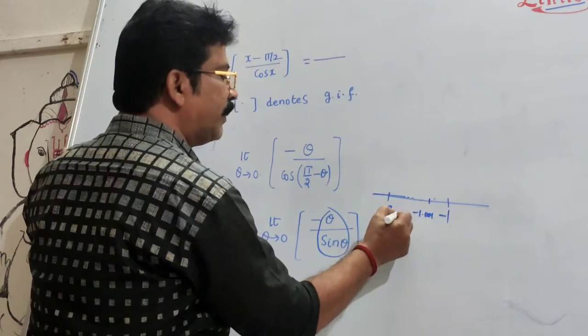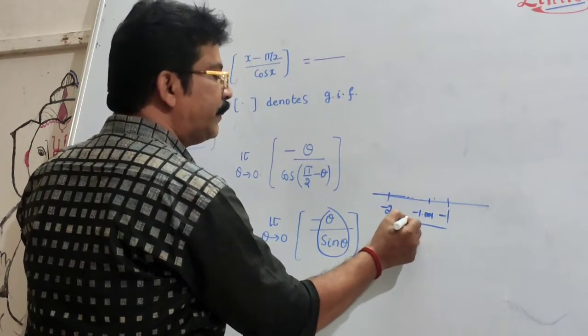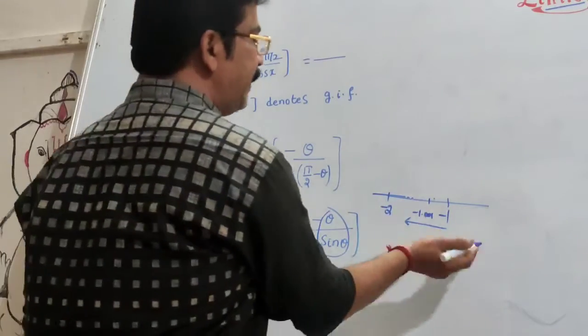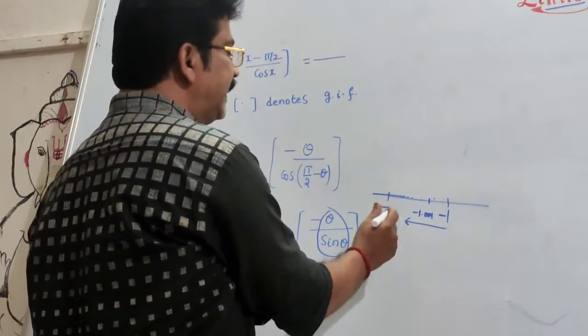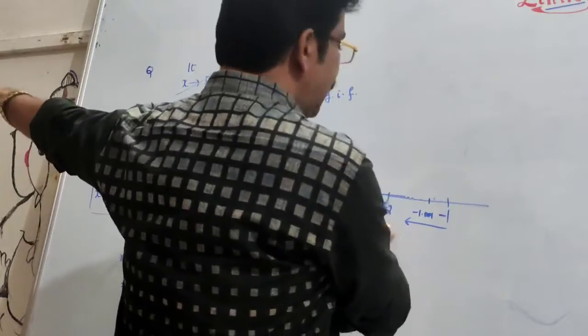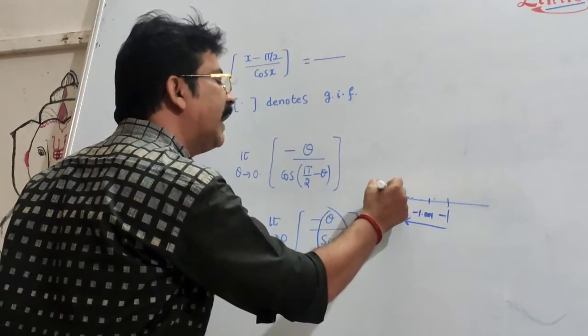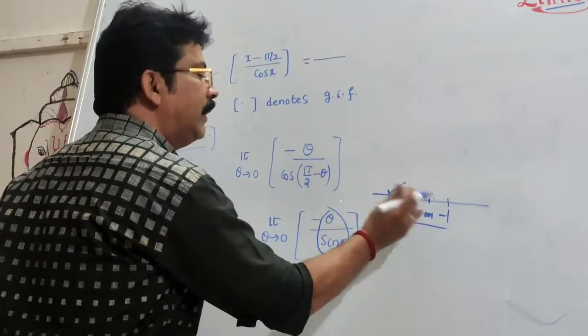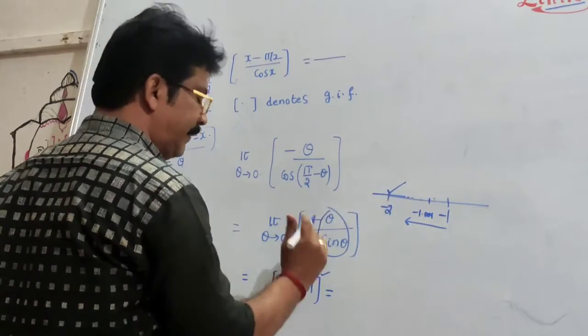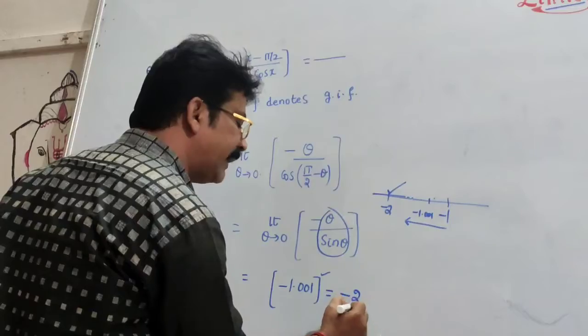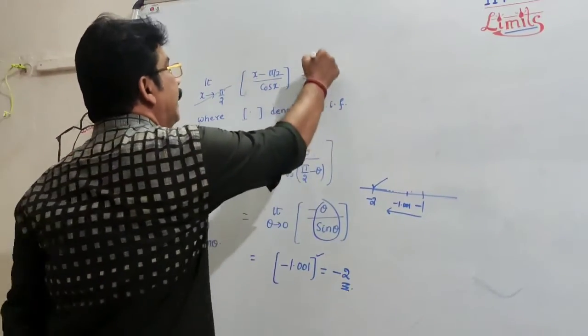So minus 2, suppose the next preceding integer is minus 2 from the left side. So therefore, its box value can be taken as the next integer from the left side, that is equal to minus 2. Answer is minus 2.